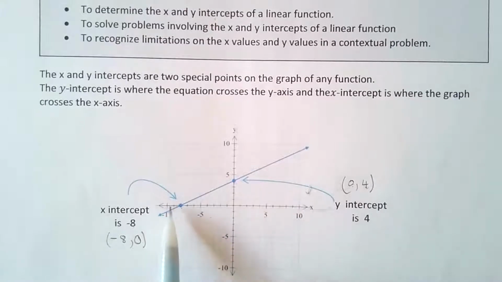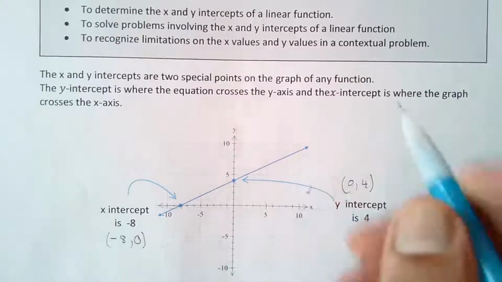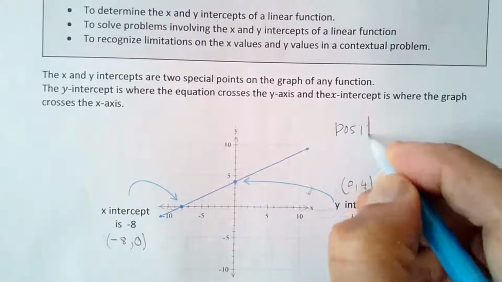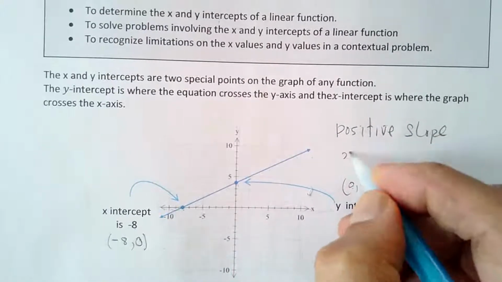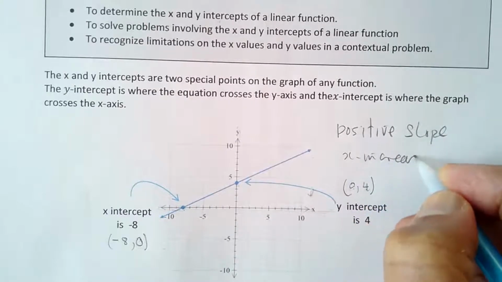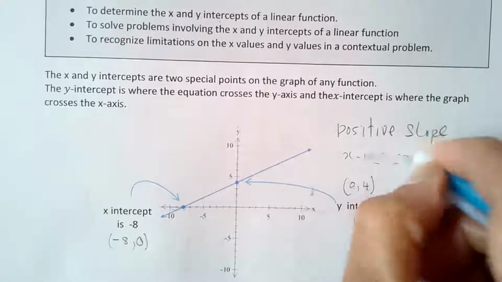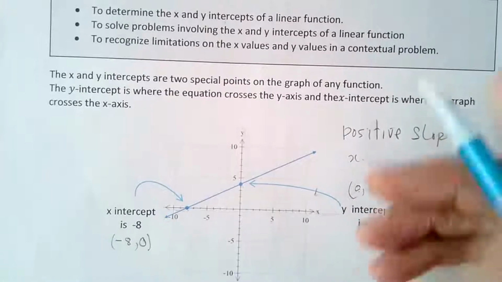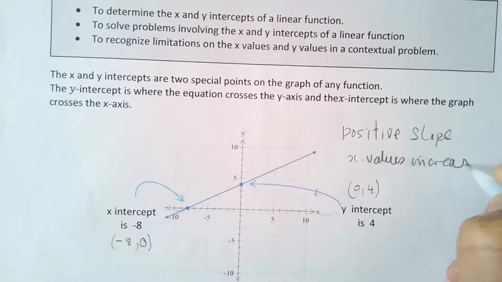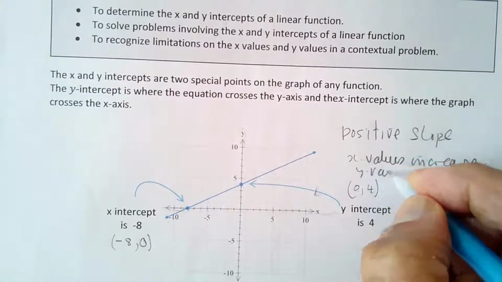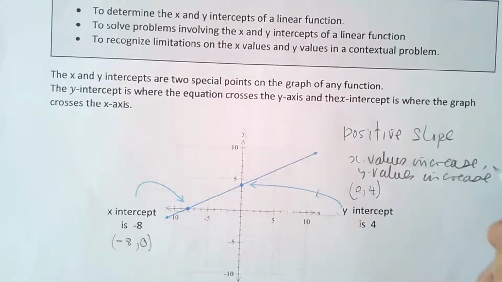As you go from negative to positive on the x-axis, the y increases. So we say this is a positive slope. It says x increases, so the x values increase, right? The y values increase, so we say that's positive.